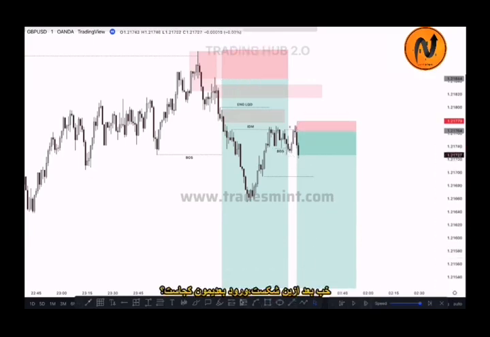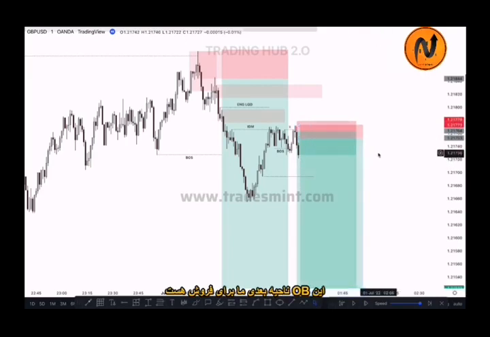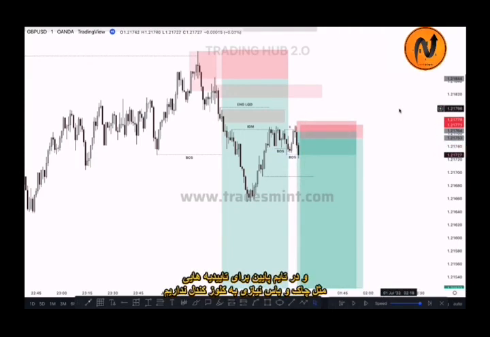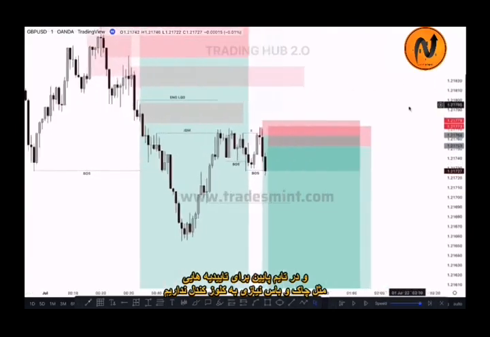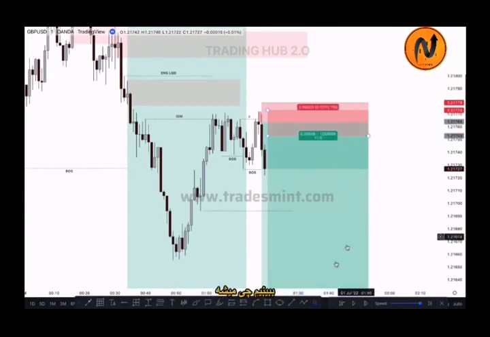After this break of structure, our next entry is here on this order block, and this order block will be our next zone for the sell, because this is our break of structure. In a lower time frame, you don't need to wait for candle closure for confirmation, like this is a pause or chop. So this is our another break of structure, and this zone becomes our new entry criteria for the sell. Let's see what happened next.